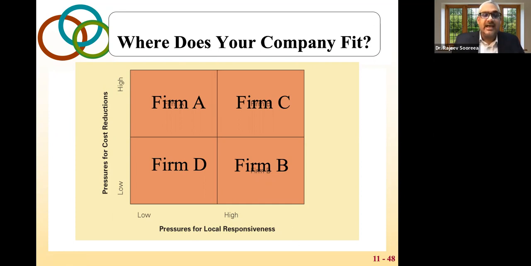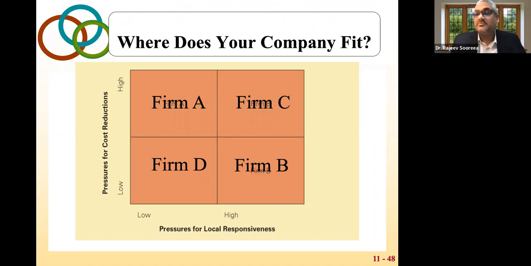Then you can see that there could be low pressures for local responsiveness on this side, and as you move to the right, the pressures for local responsiveness go up. It means that you need to really respond to local market needs.